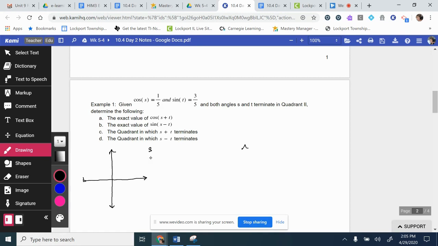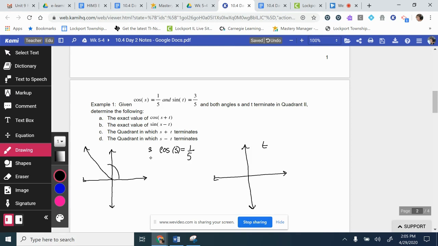We are going to sketch out s and t. So we have information about the cosine of s being 1 over 5, and s terminates in quadrant 2.